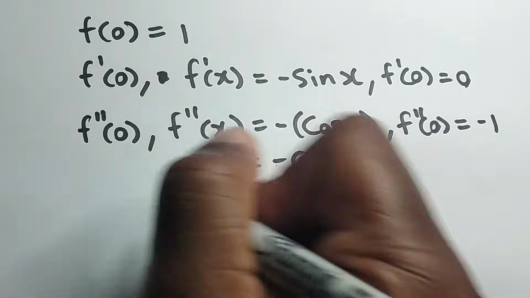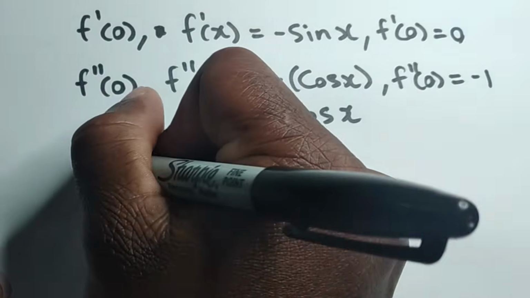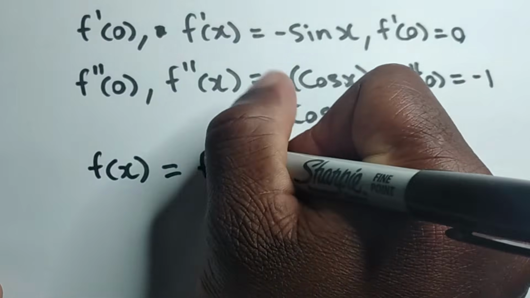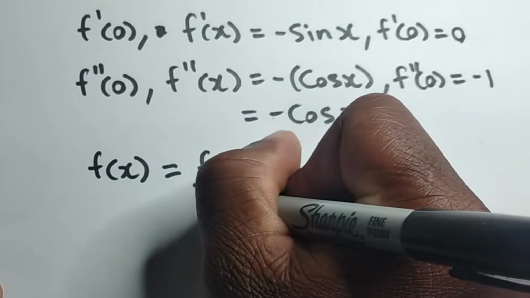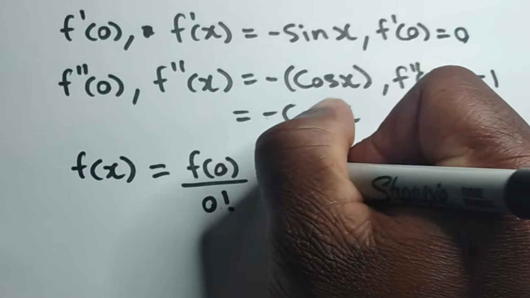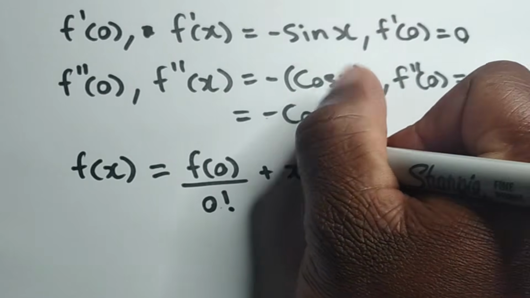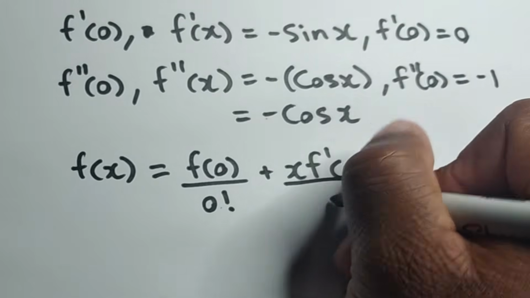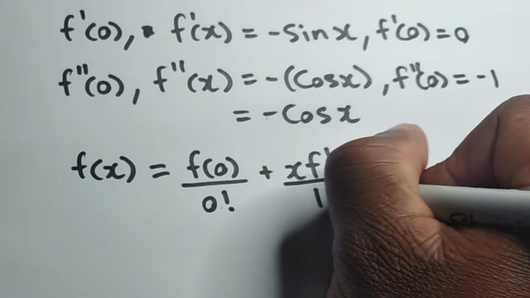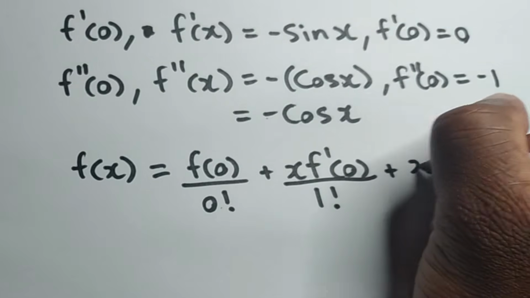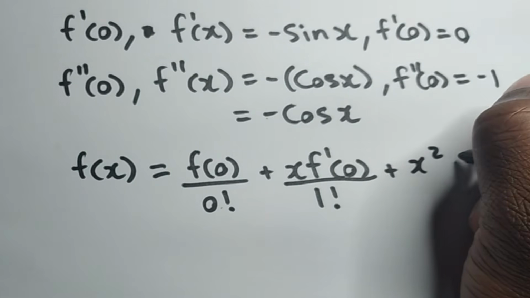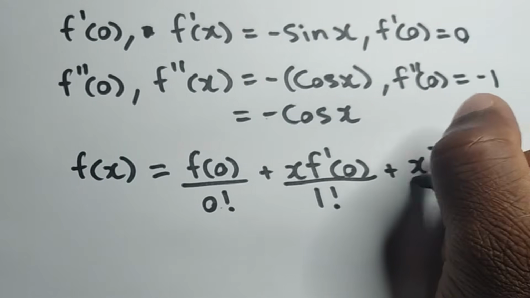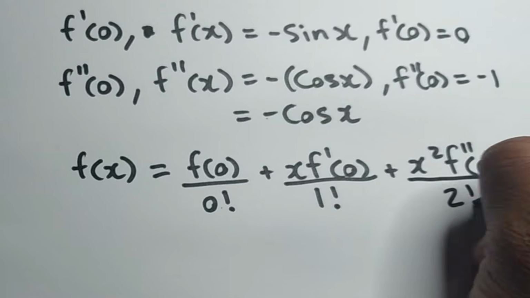Now, we want to recall the Maclaurin series formula where f of x is equal to f of 0 over 0 factorial, plus x times the result that we get when we substitute 0 into the first differential of f of x over 1 factorial, plus x squared times the result that we'll get when we substitute 0 into the second differential of f of x, all right, over 2 factorial.